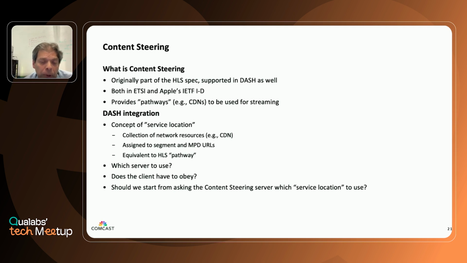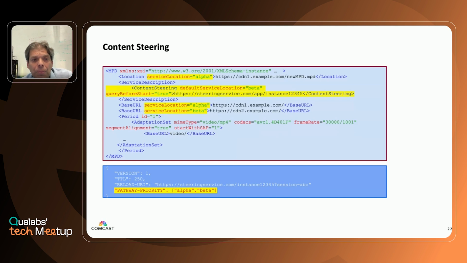And what actually happens is we go and move from service location to service location based on what the content steering server told us. And here is an example of this. We say that we have multiple service locations, alpha and beta.